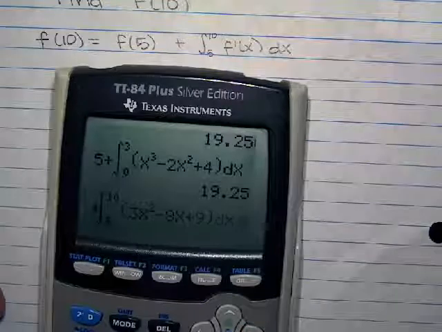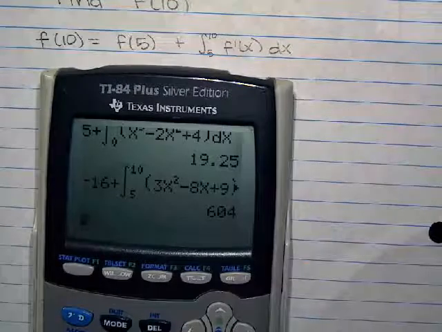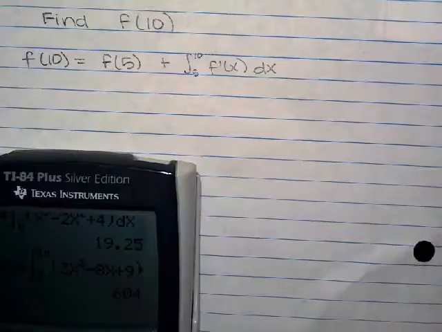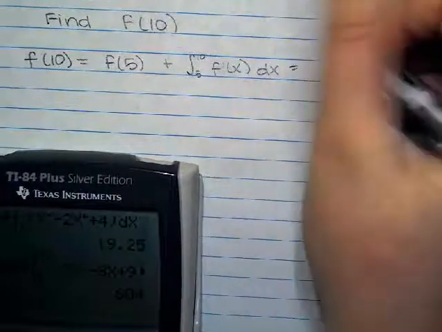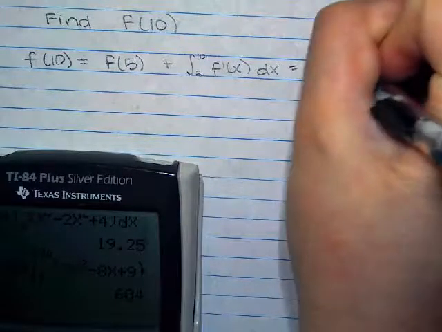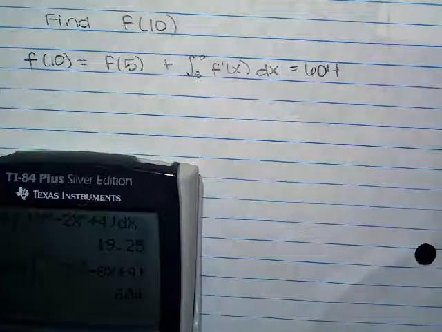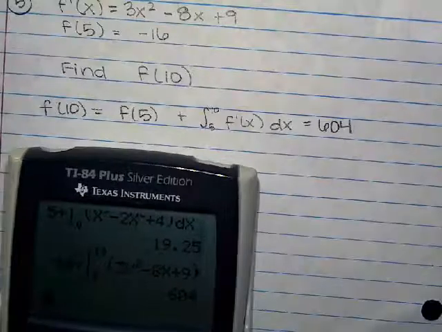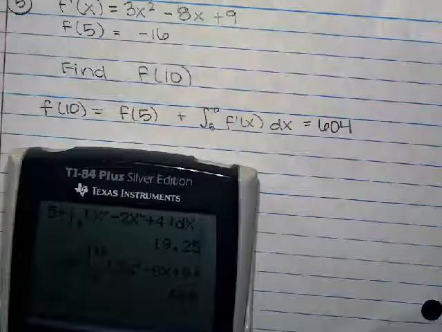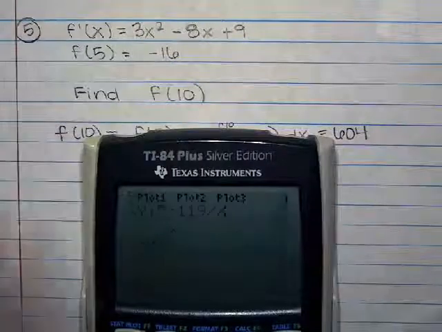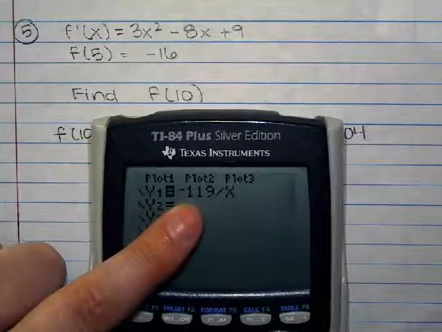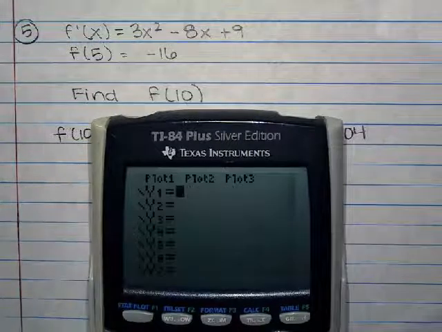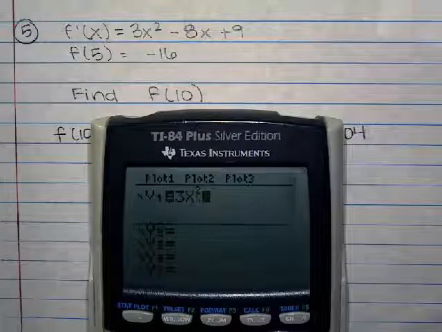If you guys are doing a problem where you're going to have to type in the same function more than one time, the best trick, this is a time saver, is to type the function into y1. So if we were typing in 3x squared minus 8x plus 9 and would have to type it in like 5 times for the problem, we should not type it in 5 times.